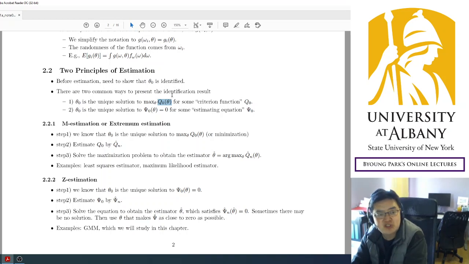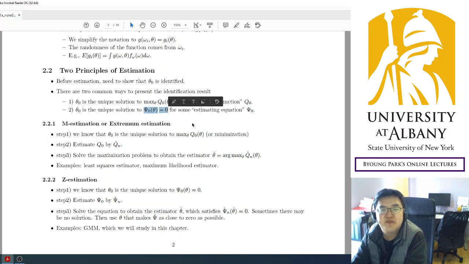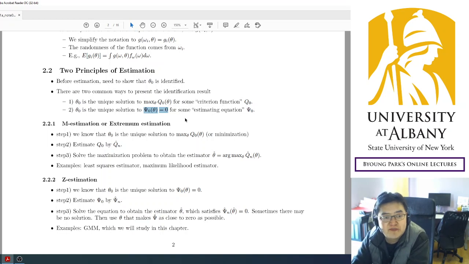And the second approach is that the identification result can be stated as theta 0 satisfies this equation, and this equation has a unique solution. Then the unique solution is the true value.